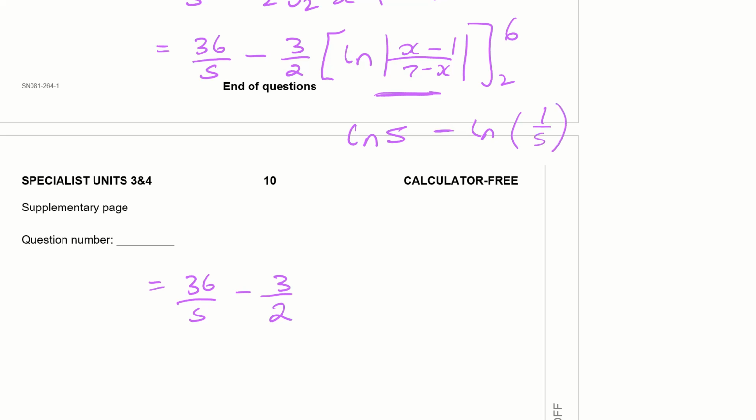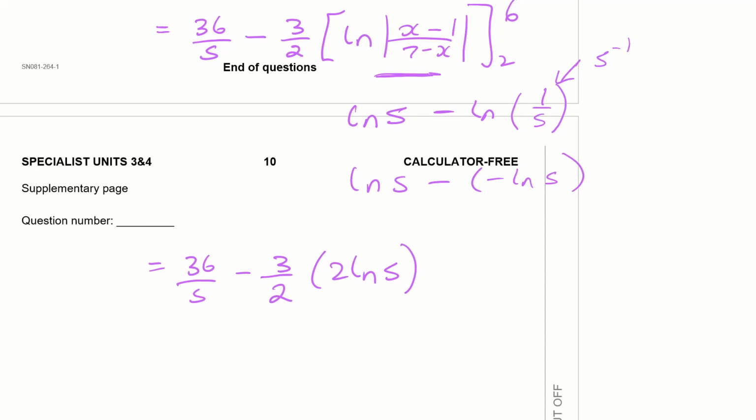And remember, we'd be subtracting here, but this one here is a 5 to the negative 1. So you end up with ln 5, take away negative ln 5, which is 2 ln 5. So that is going to be 2 ln 5. And so we get 36 over 5, take away 3 ln 5, square units.